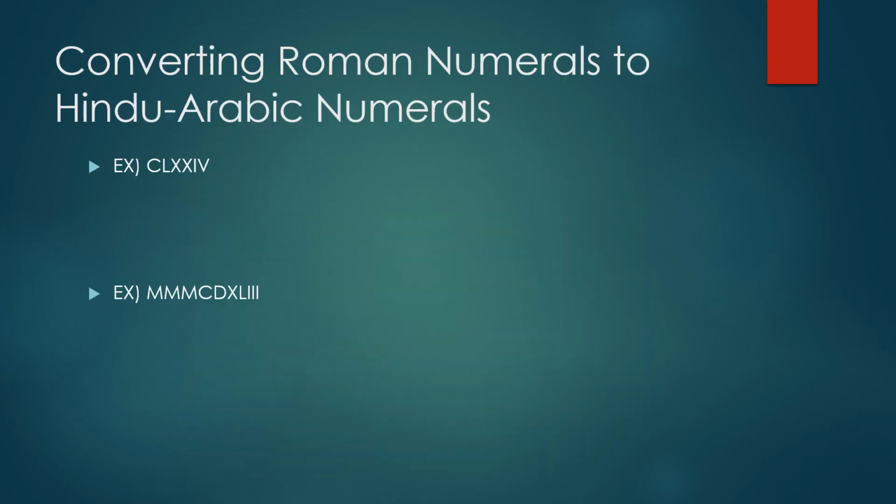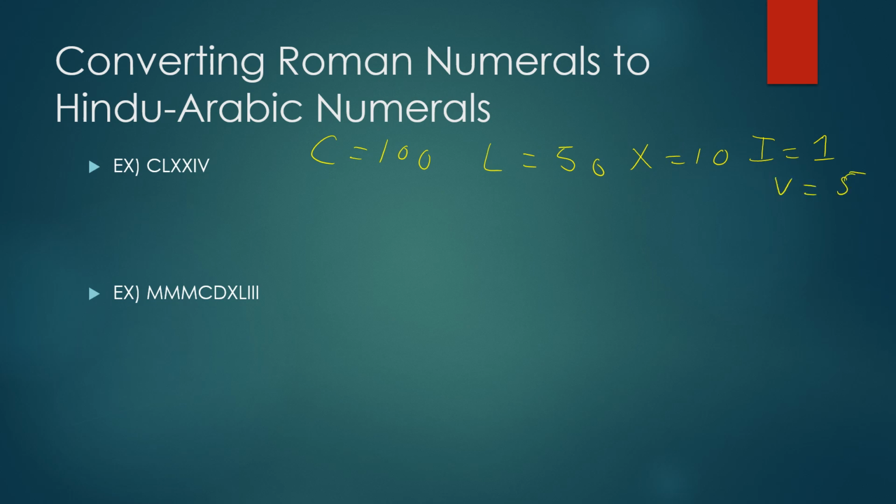So let's go ahead and convert Roman numerals to Hindu-Arabic. We have to remember the symbols. You can always refer to the chart for this. We need to figure out what each letter represents. From the chart, we'll find that C relates to 100, L relates to 50, X relates to 10, and I equals 1, and V equals 5.